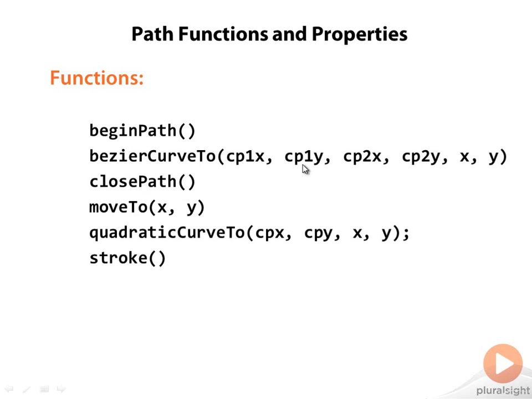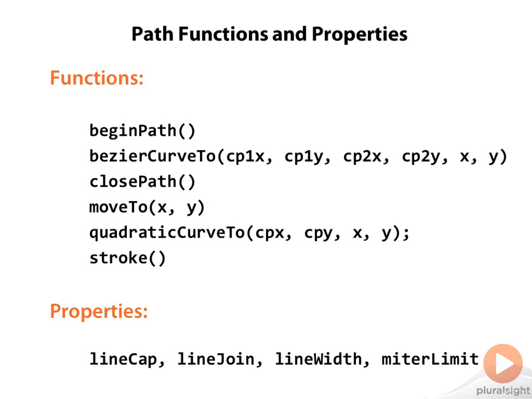So you can see that really we have 3 sets of points that are defined in this case for a Bezier curve. And we can close that path as usual. We can move to start where that paintbrush starts painting. And then a more simplified version of the Bezier curve is the quadratic curve, which just has 1 control point and 1 ending point. And then we can always stroke, or we can even fill those paths if we'd like.